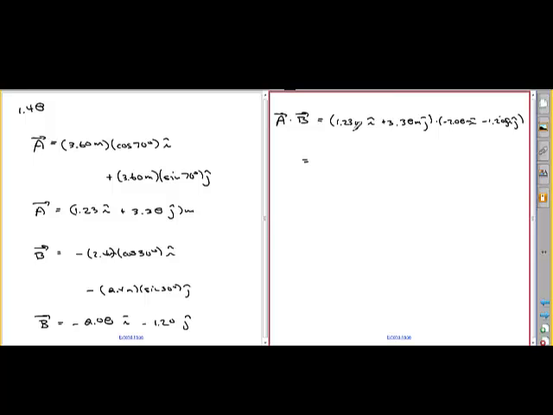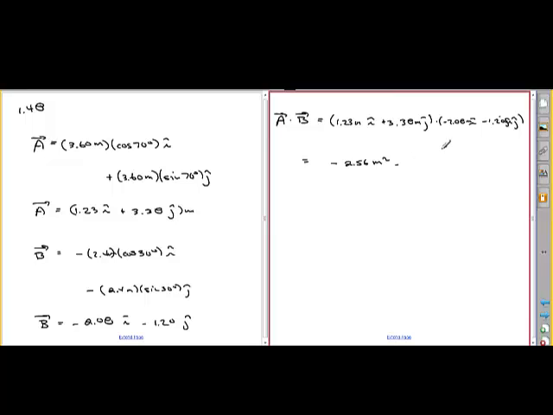So you're going to have 1.23 times negative 2.08, which will give you negative 2.56 meters squared. So that's from this times that. And then we have another one, which is 3.38 times 1.20. They're both negative. Oh, wait a second. No, this is positive. This is negative.